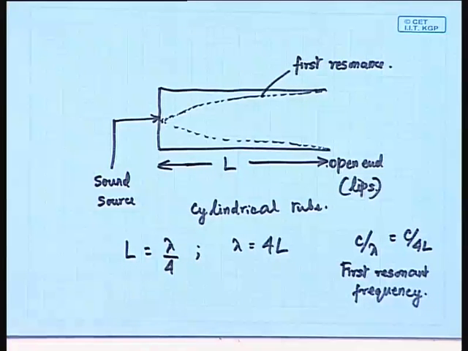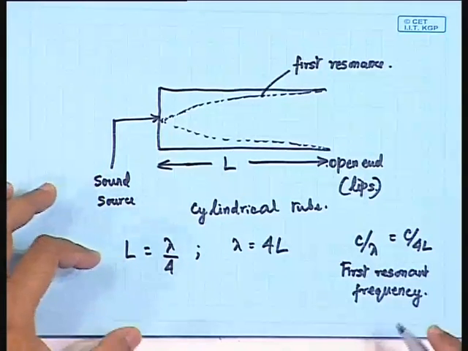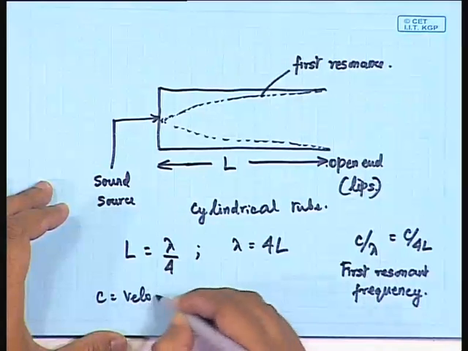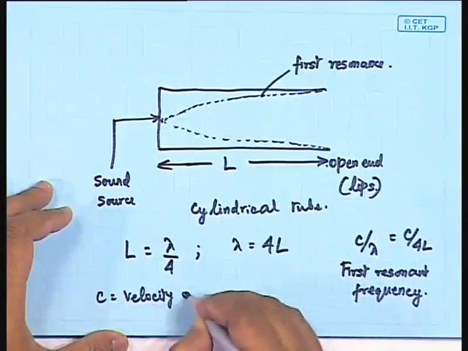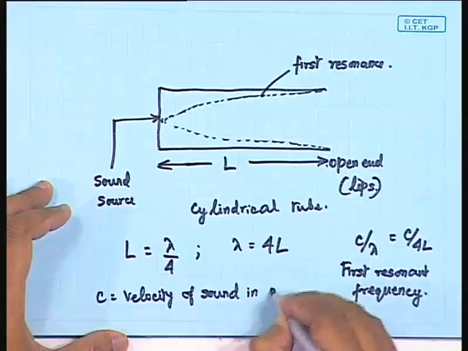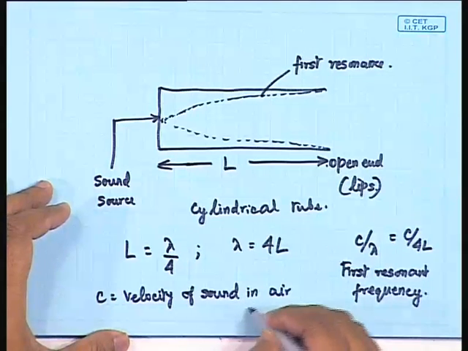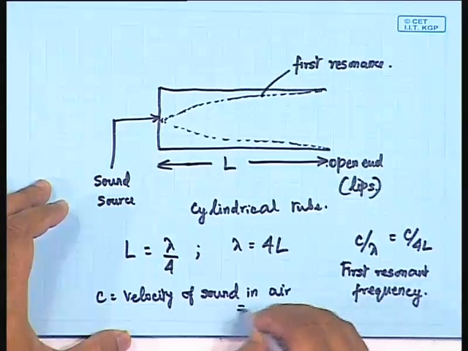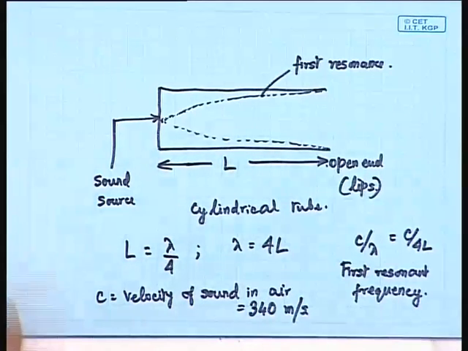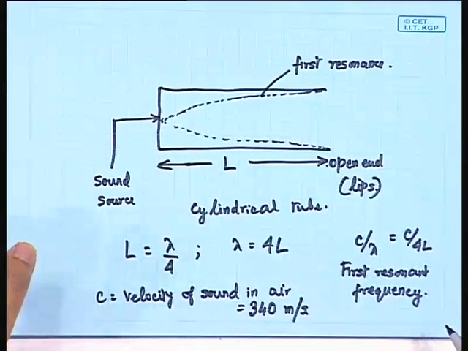Now, some typical values we can put forward. Here C is the velocity of sound in air. Let us take a value equal to 340 meters per second, which is quite a typical value for the velocity of sound in air.